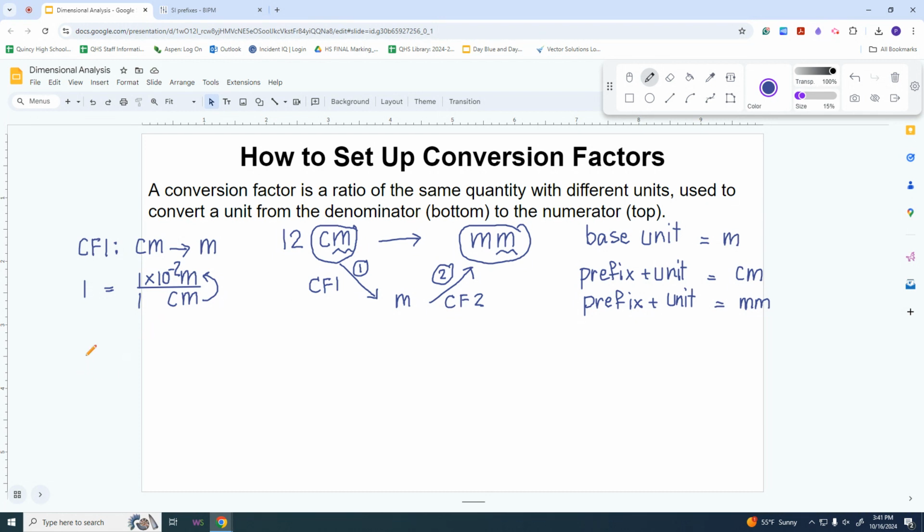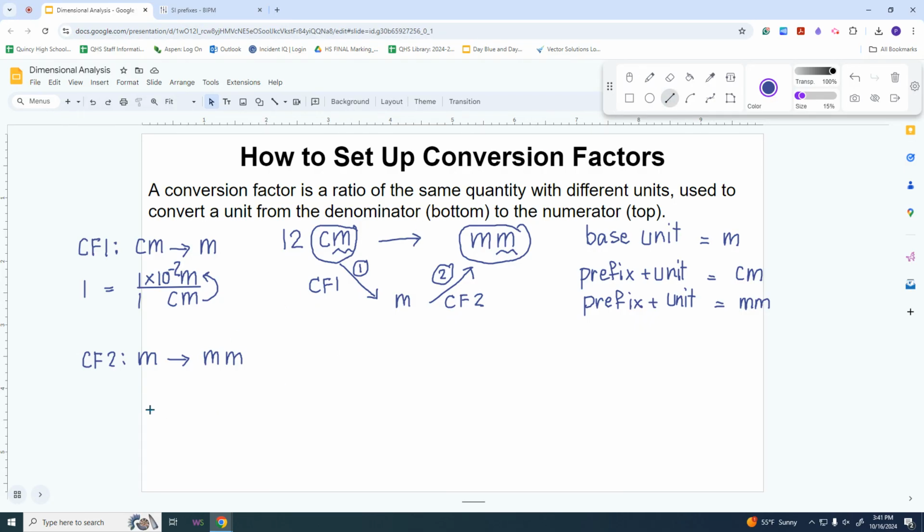Now, conversion factor 2 is to convert from meter to millimeter. Now you got to know that the unit is at the back, meter. The m in front is milli, okay?